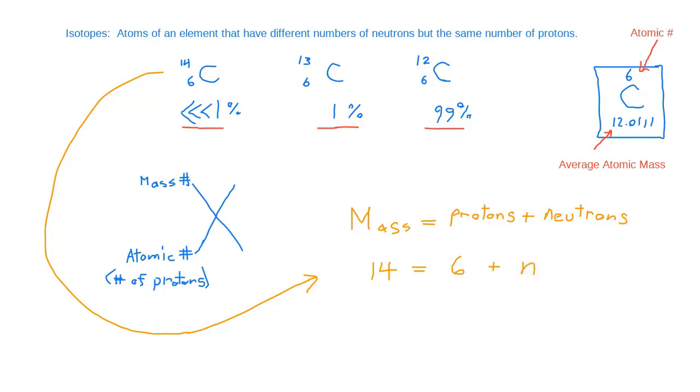All I have to do is subtract 6 from both sides, and I solve for N. And the neutrons for carbon 14 happens to be 8. So 8 neutrons and 6 protons. Now in a neutral atom, the number of protons and the number of electrons are the same. So for a neutral atom of carbon, the protons are 6 and the electrons are 6.